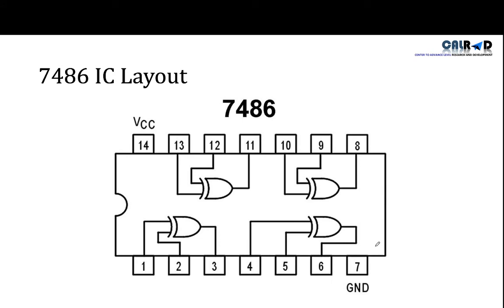This is the IC layout for the 7486. Few things are the same as before: pin 14 is used for VCC, which means the positive supply, and pin 7 is used for ground, which means the negative. The rest of the pins are used for input and output: pins 1 and 2 are inputs, and pin 3 is the output.